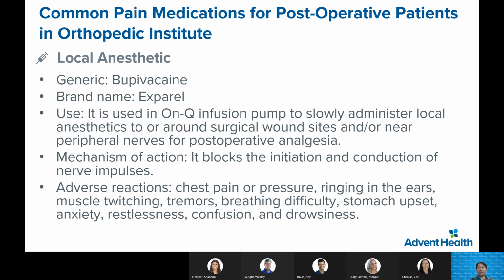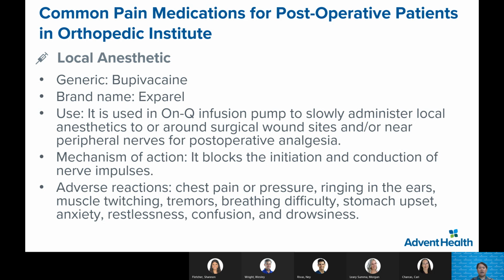And as I said earlier, it is used in the on-cue pumps to slowly administer local anesthetics to and around the surgical wound areas or near to the peripheral nerves for post-operative analgesia. It is usually used in knee replacements.